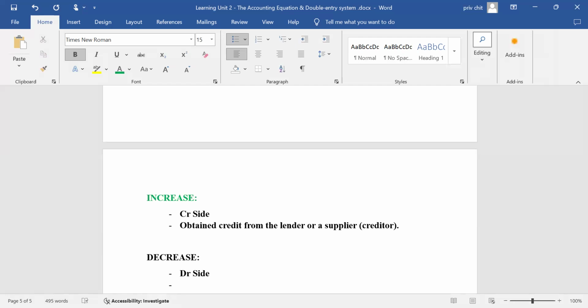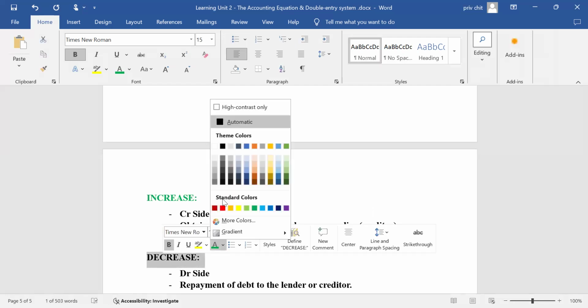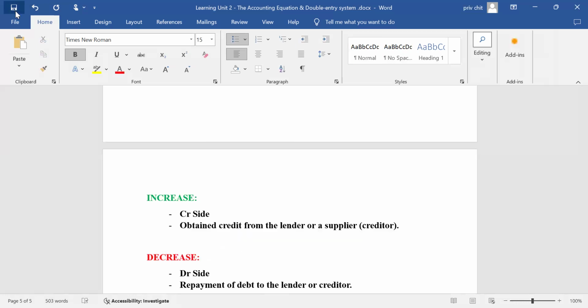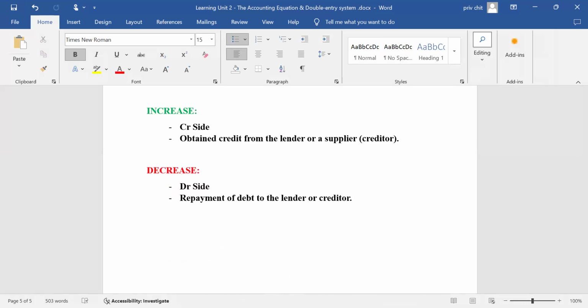It is as a result of repayment of debt to the lender or creditor in this case. So in other words, when you pay off your debt, that's what would cause liabilities to decrease, and it happens on which side?